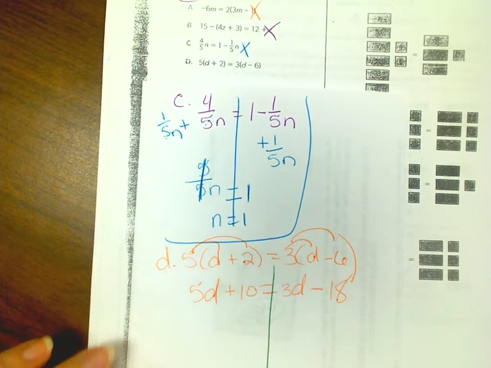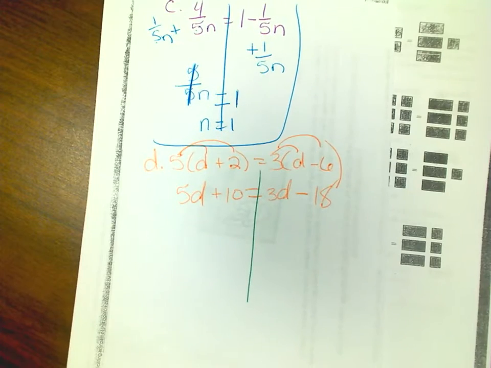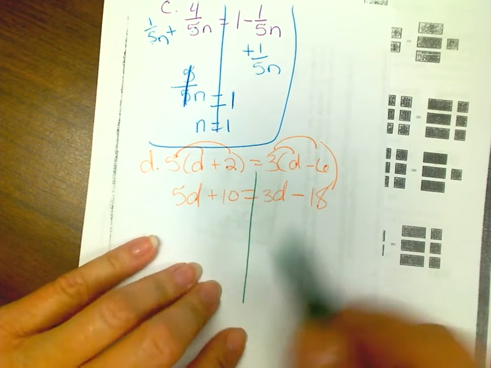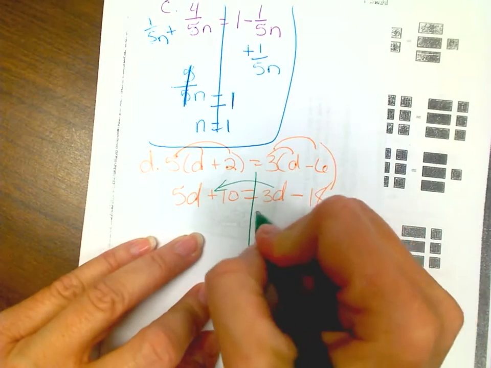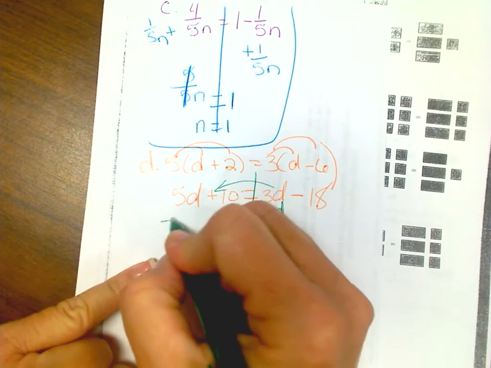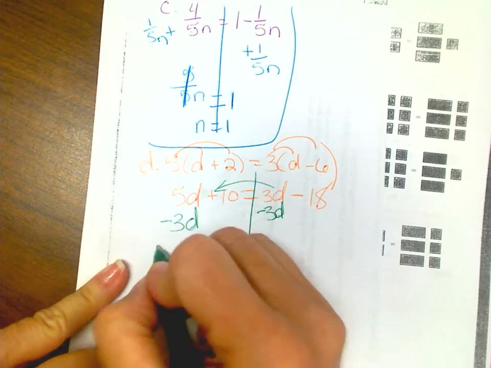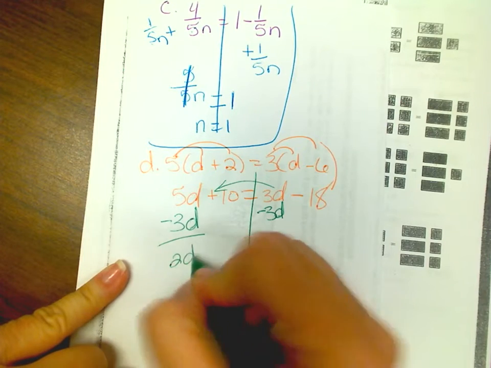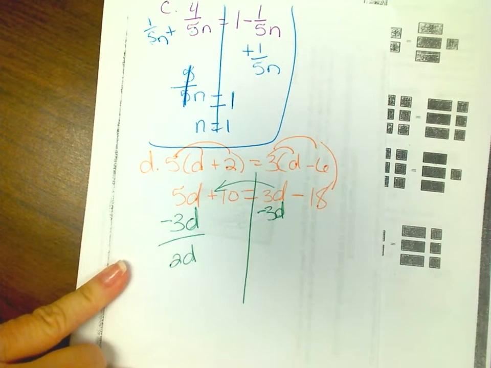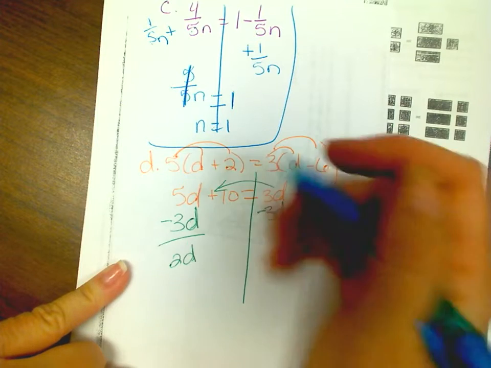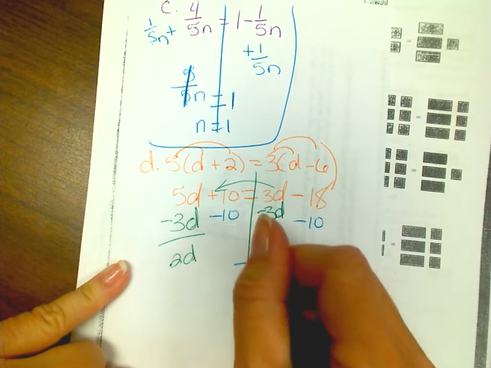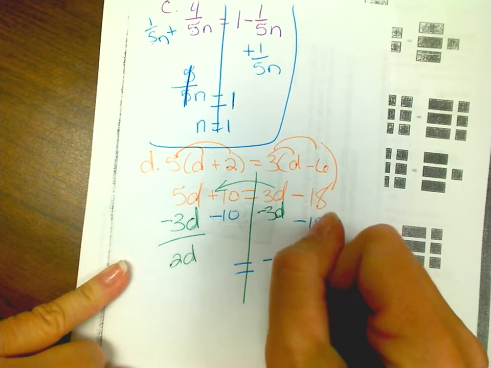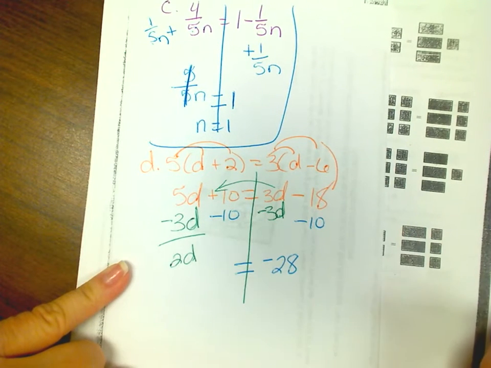Okay, I want to keep things balanced, so to help me remember that, I draw my line. I want to get my variables to the left-hand side, so let's subtract 3d, that gives me 2d. I want to get my whole numbers to the other side, so it's minus 10, minus 10. So that's going to equal a negative 28.